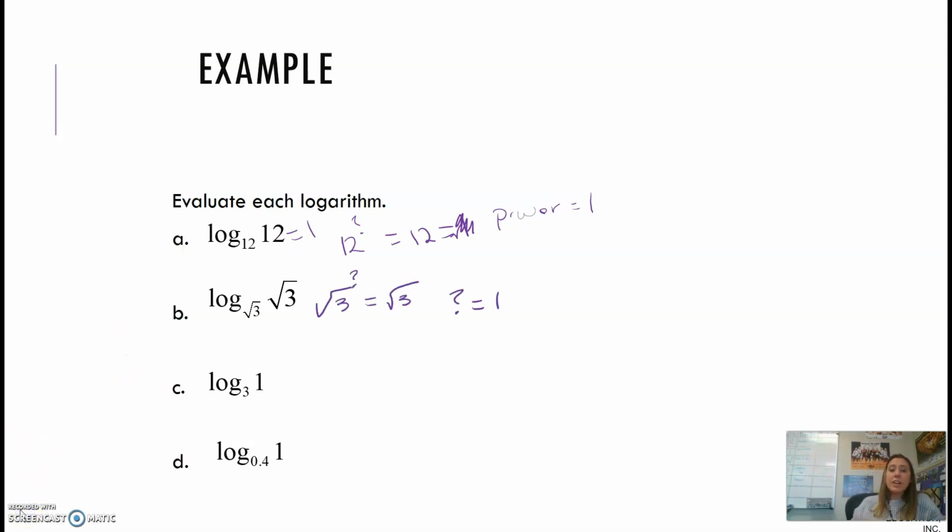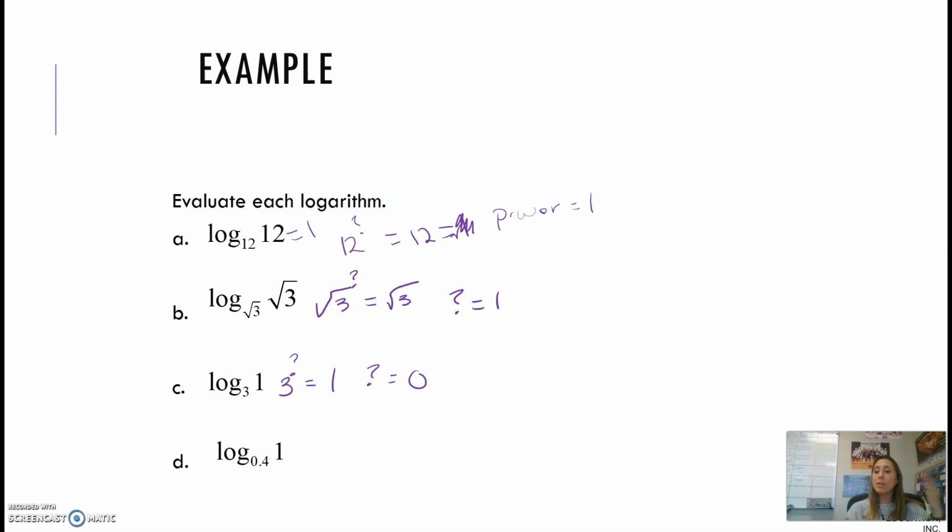So you should have gotten that the square root of 3 to some power is equal to the square root of 3. And again, that power must be 1. So whenever we see a base and our answer that are the same, it must equal 1. Then when we look at this one, our base is 3, to some power is going to be equal to 1. Well, the only way to get 3 raised to a power to equal 1 is to have your power equal 0.